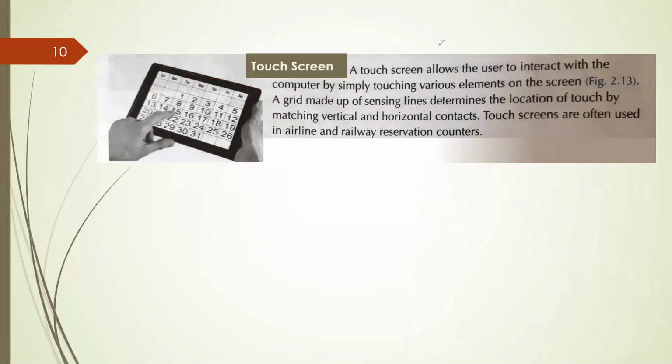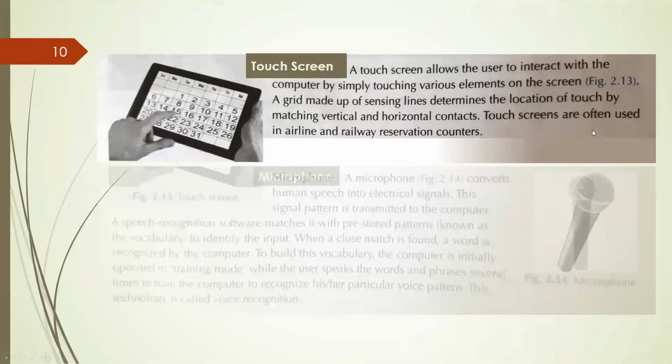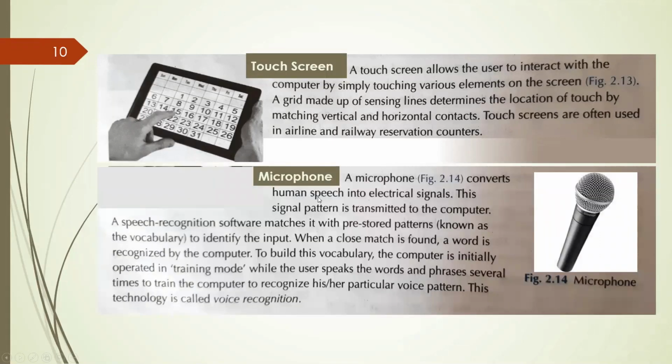And after touchscreen, next is microphone. What is the purpose of the microphone? This is also an input device. A microphone converts human speech into electrical signal. When we say hello, like now I am conducting the class, with the help of the microphone only I am doing this.